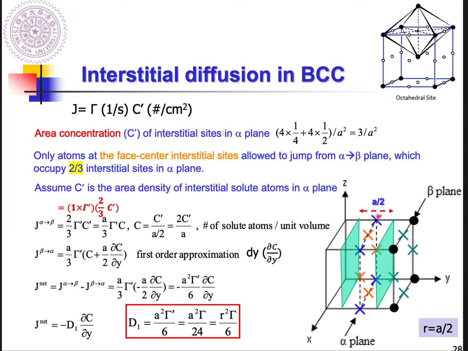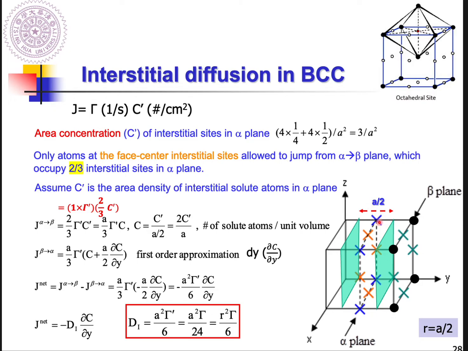So the atom here cannot make a successful jump, and this atom also cannot make a successful jump to the beta plane. The same idea for this one and this one: they are not going to make a successful jump because there are atoms at the edge of this BCC.